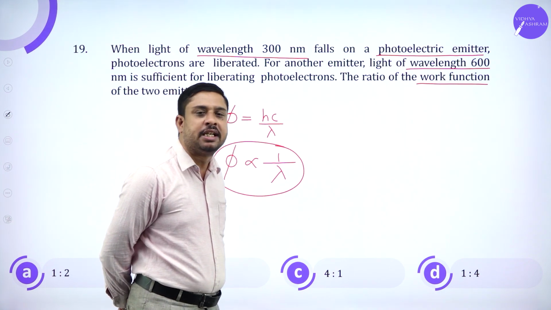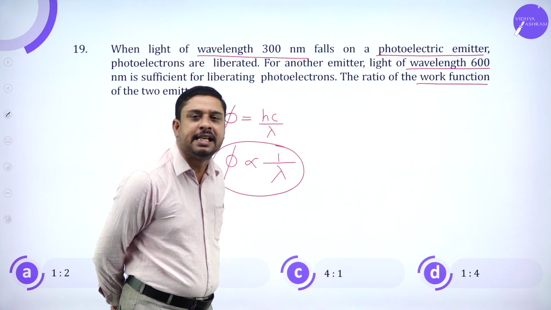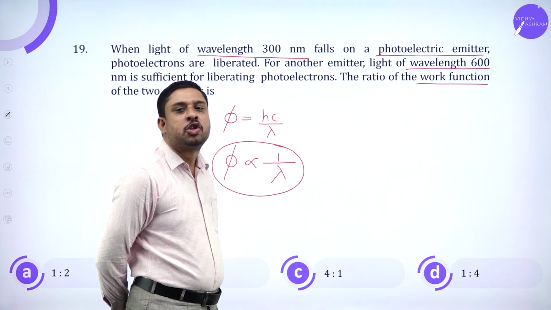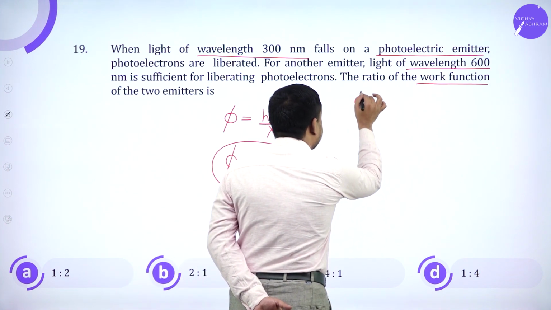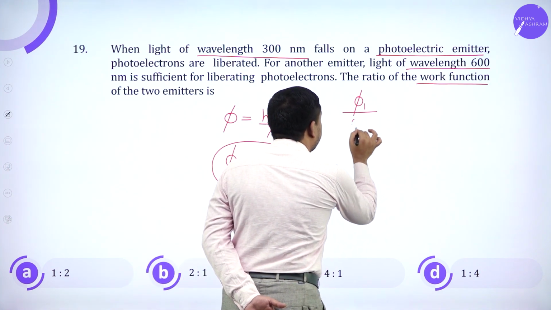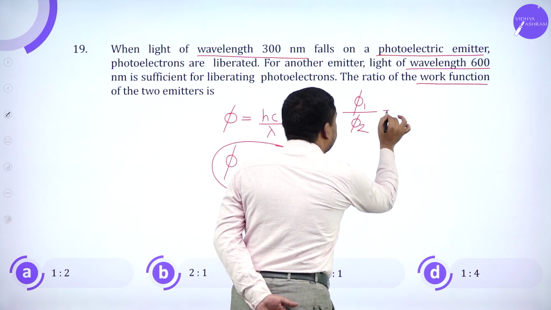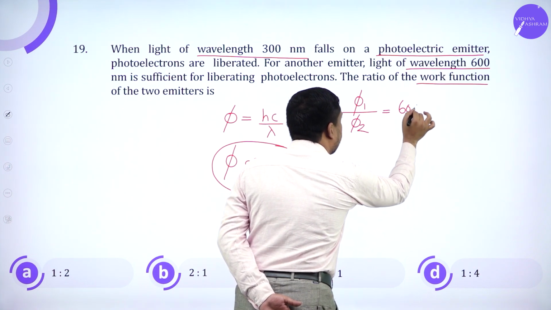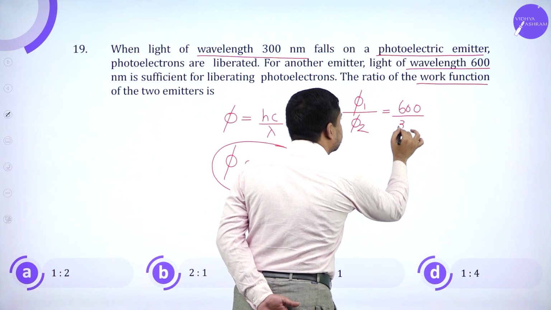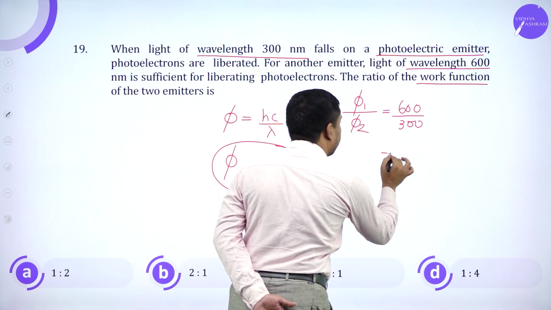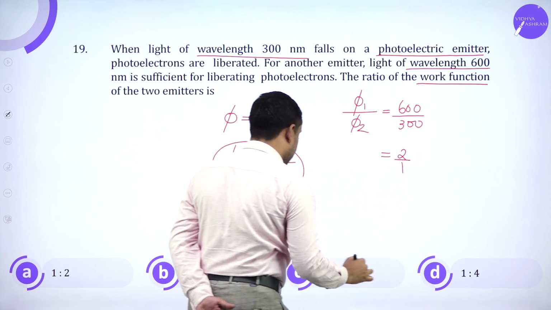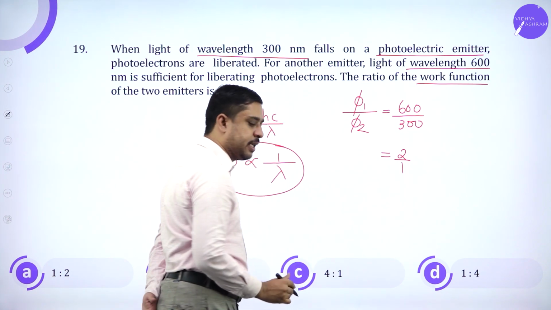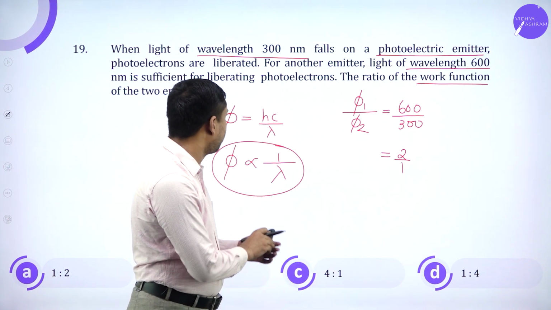Work function is inversely proportional to wavelength. So if I say phi 1 by phi 2, since inversely proportional, it is 600 by 300, which is 2 by 1. So 2:1 is the answer.